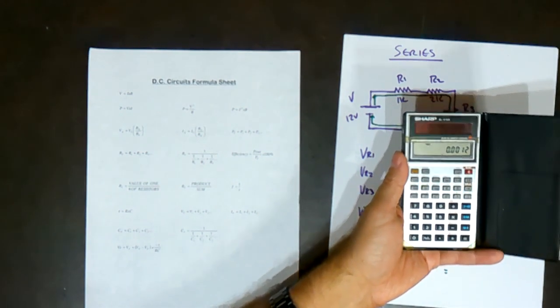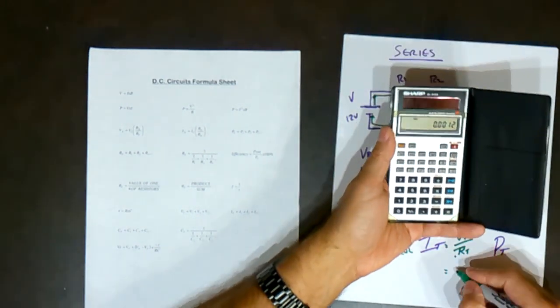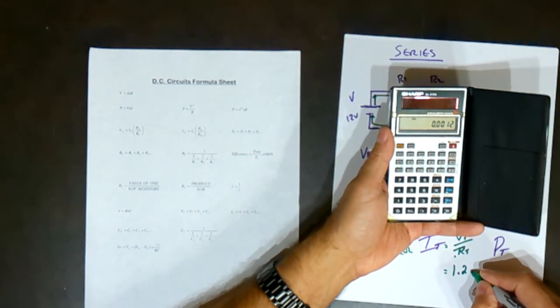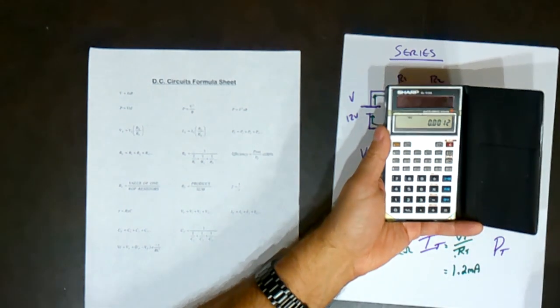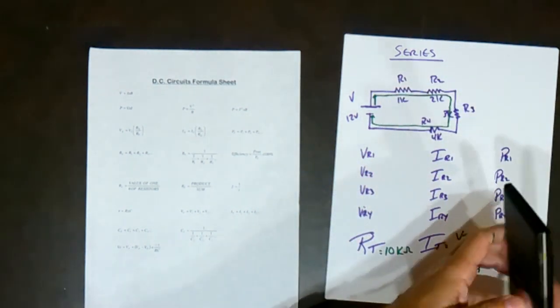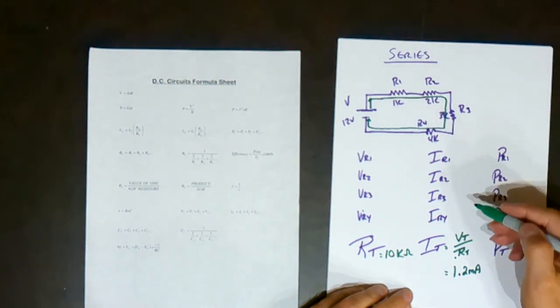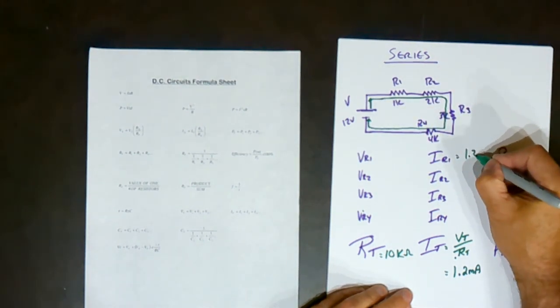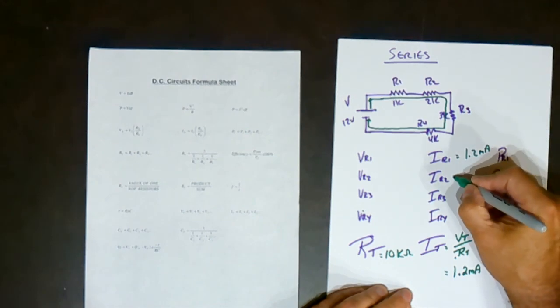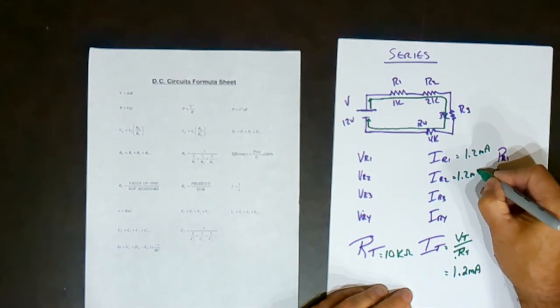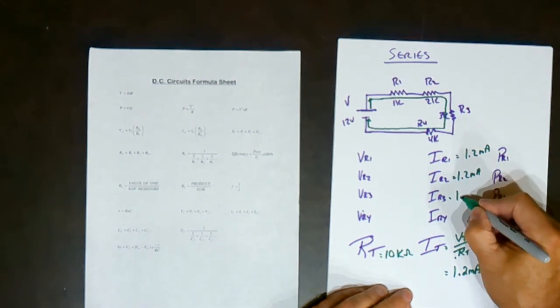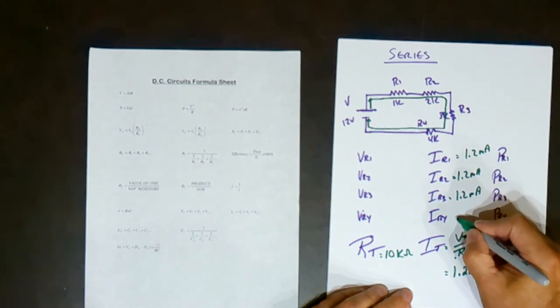And that is 1.2 milliamps. So since all of the currents are the same, they are all equal to 1.2 milliamps. And that is because this is a series circuit.